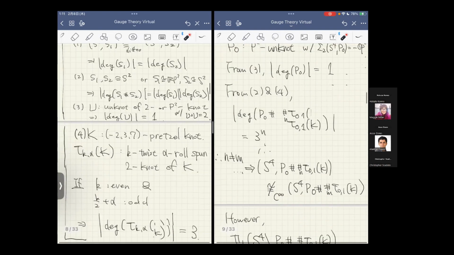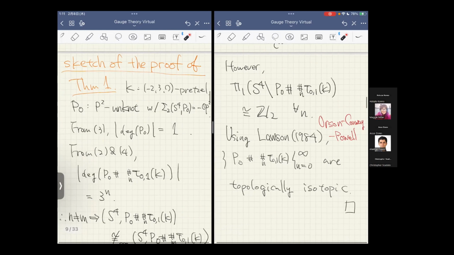However, the fundamental group of the complement of these P2 knots is isomorphic to Z/2 for all n.